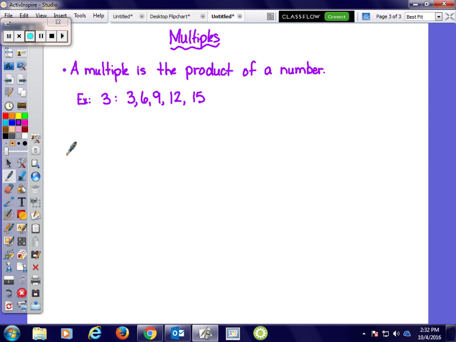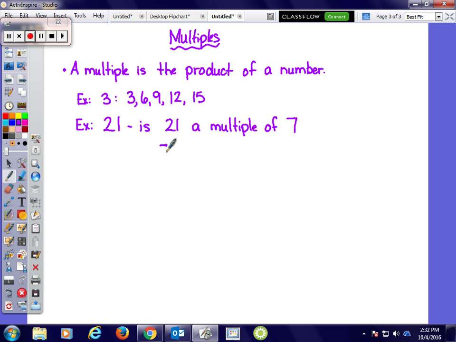If I give you the number 21, is 21 a multiple of 7? What you have to think is, can I multiply anything by 7 and get 21?